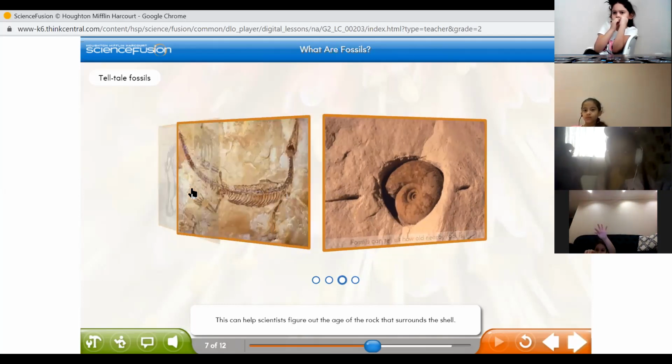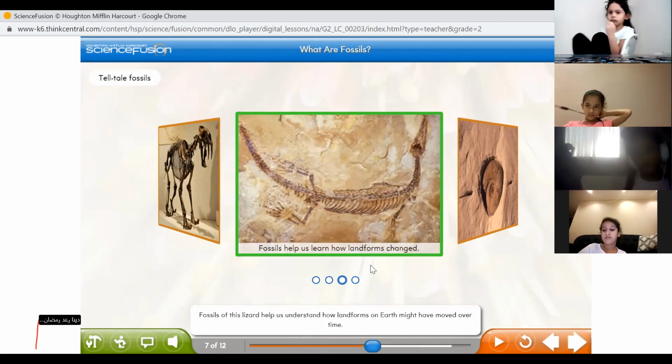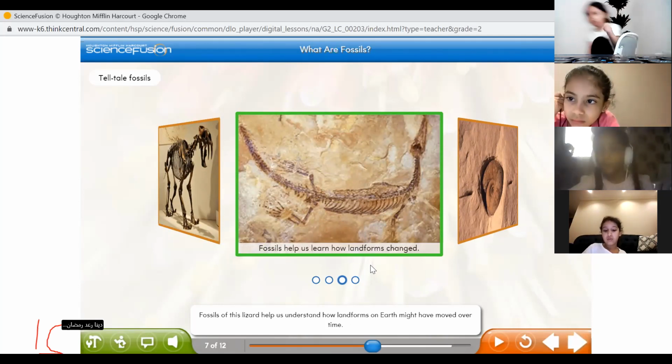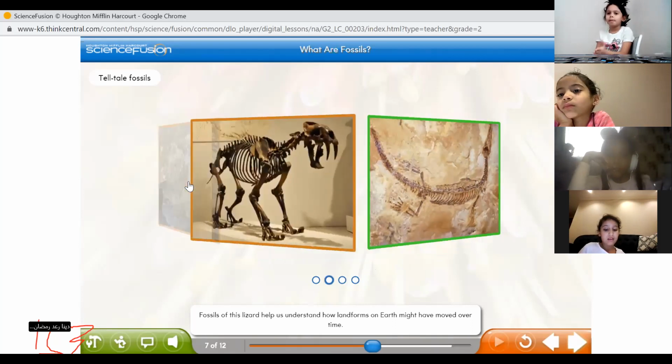For example, the fossils of this lizard. This lizard lived a long time ago, but not anymore. From the skeleton shape and the type, they knew that this lizard is no longer living. They don't have it anymore. Also, this cat.